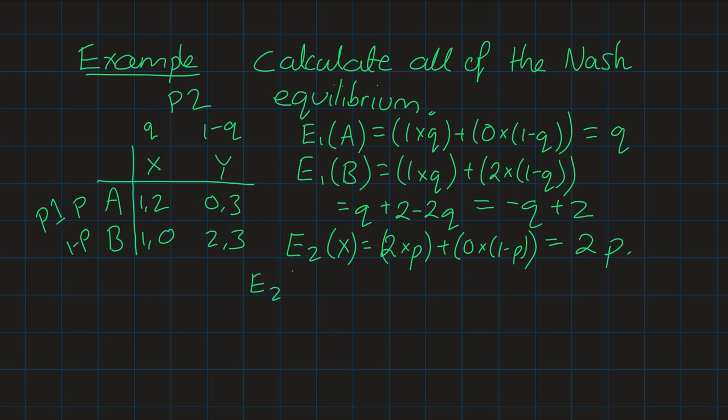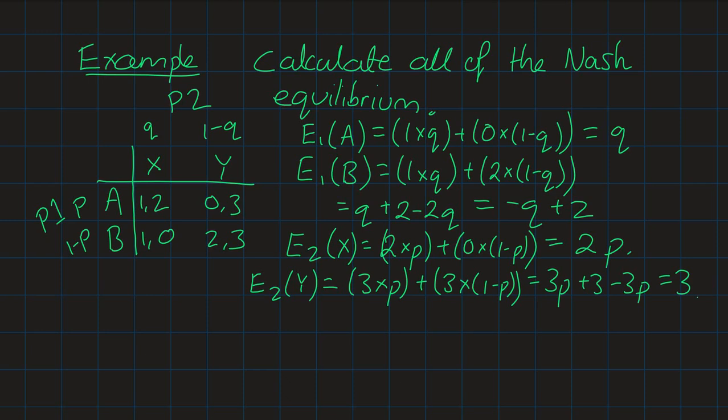And finally, E2 of Y. If they play Y, they win 3 P of the time and 3 1 minus P of the time. So that's 3 times P plus 3 times 1 minus P, which is 3P plus 3 minus 3P, which is just 3. Okay, so these are the expected payoffs for both players.